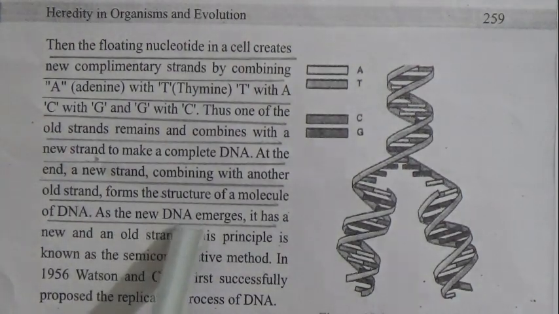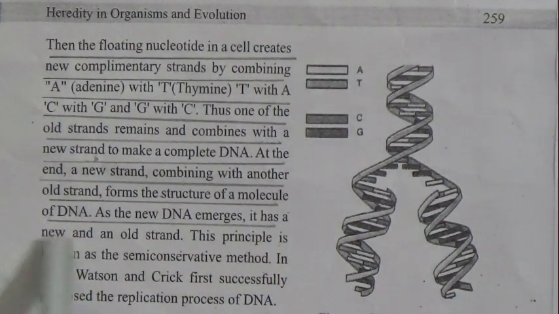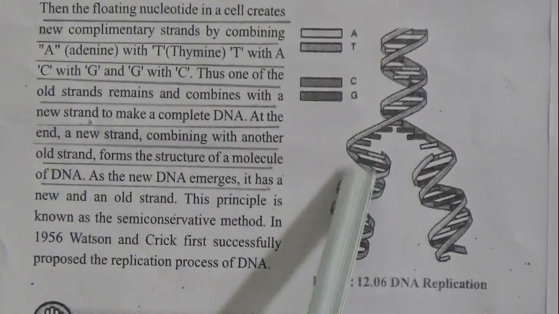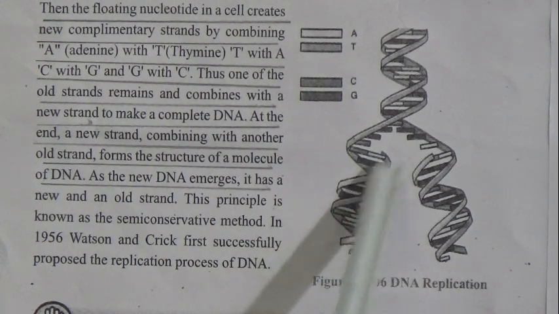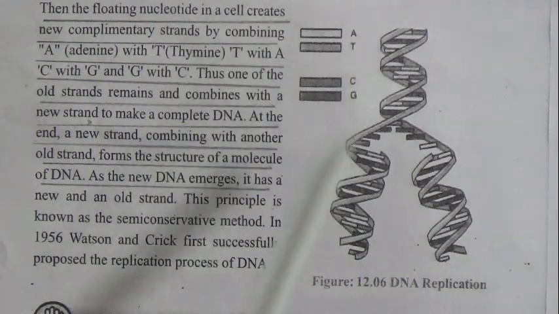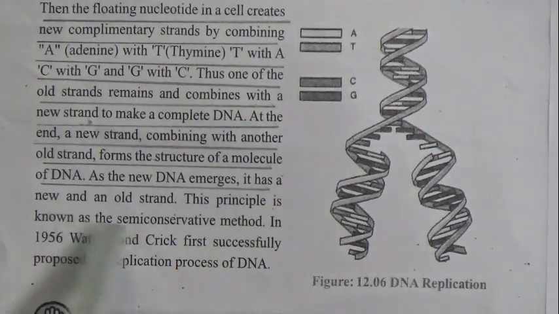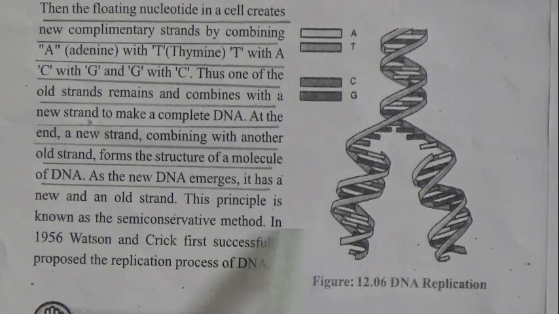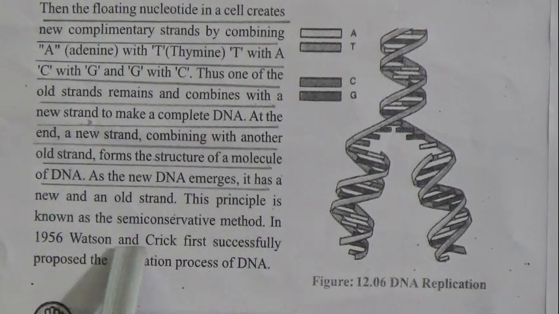As the new DNA emerges, it has a new and an old strand. You can see here is the DNA replication. In this, one strand will be new and another will be the old strand. This principle is known as the semi-conservative method. In 1956, Watson and Crick first successfully proposed the replication process of DNA.